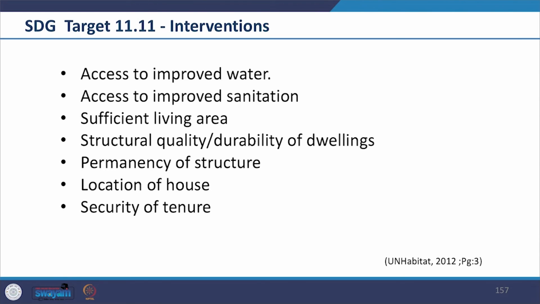So we also evaluate the location of the house. Houses in slums are mostly made of transitory corrugated iron sheet, shacks, wood, and are located on or near toxic waste, steep slopes, or dangerously in the way of transport lines. Next, we evaluate the security of tenure.